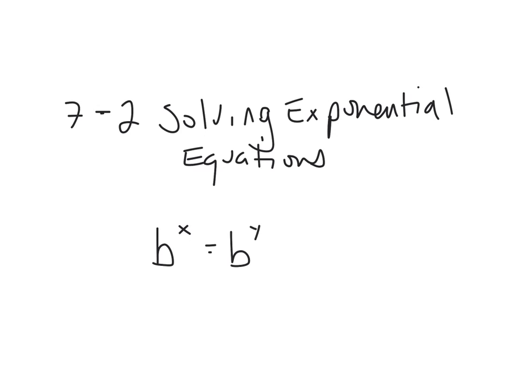If that is true, what do we know about x and y? They're the same. So if b raised to the power of x is equal to b raised to the power of y, then x is equal to y. Does that make sense?